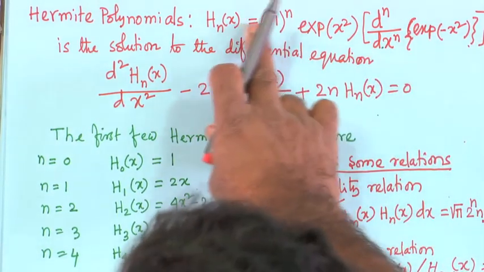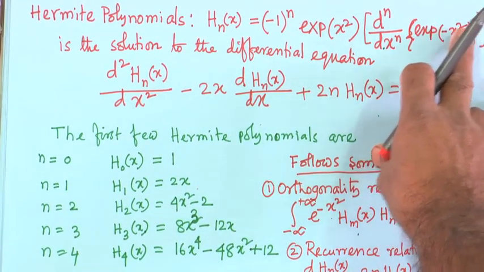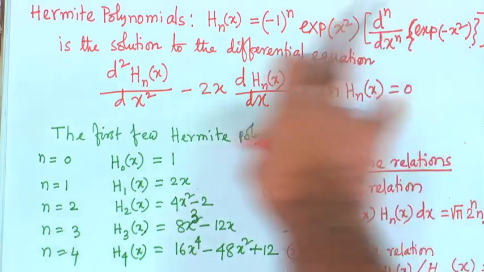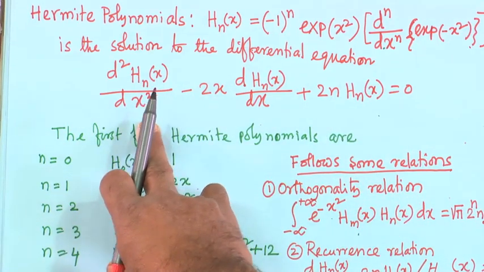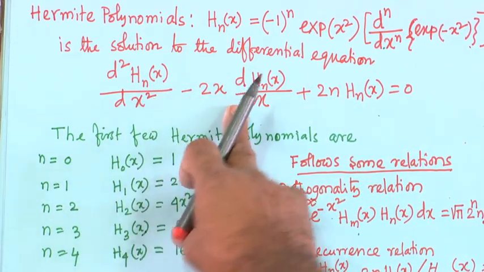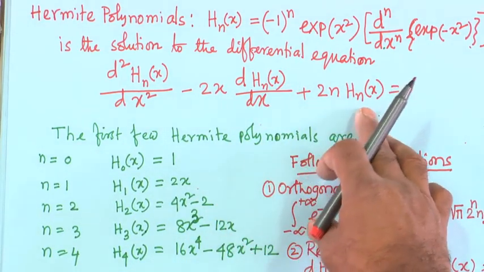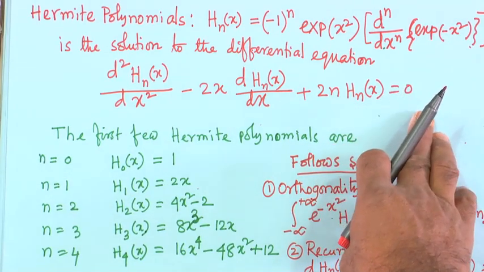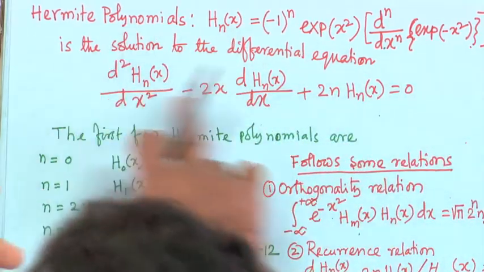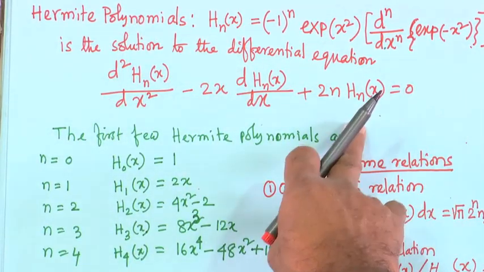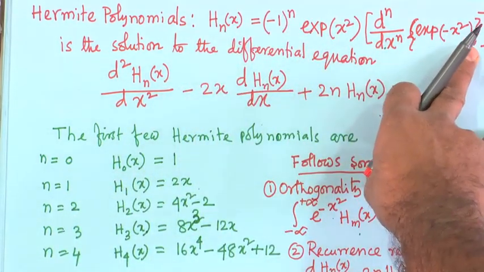This is the Hermite polynomial, and it is the solution of the differential equation d2 H n by dx square minus 2 x d H n by dx plus 2 n H n equal to 0. So, if your differential equation comes in this form, then its solution is this H n.